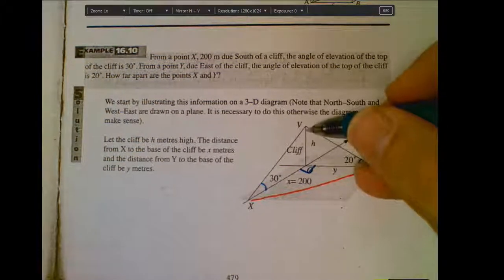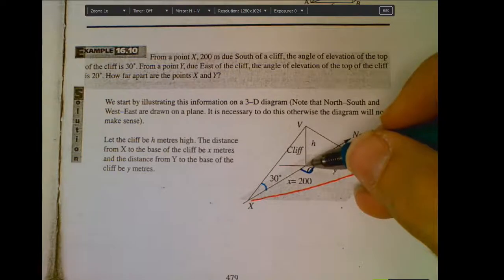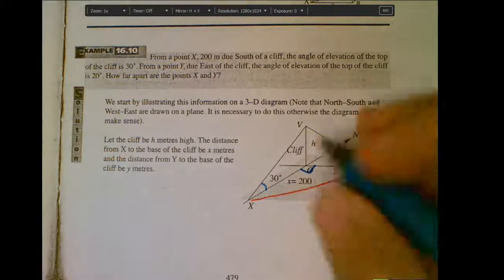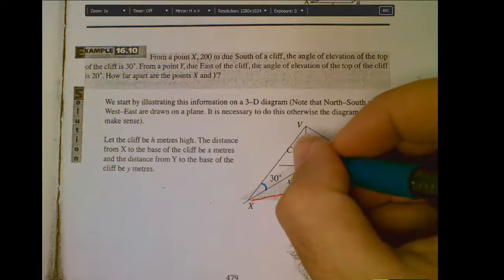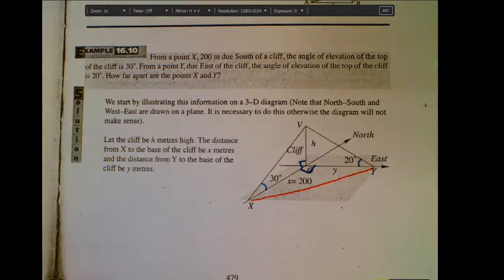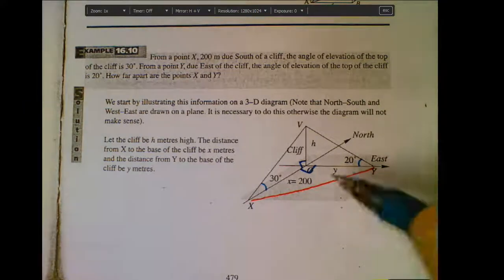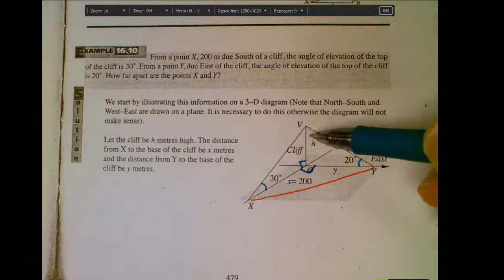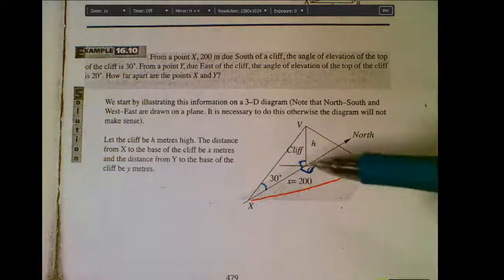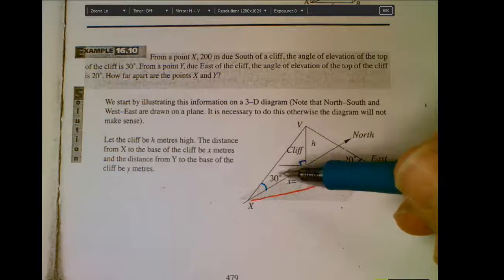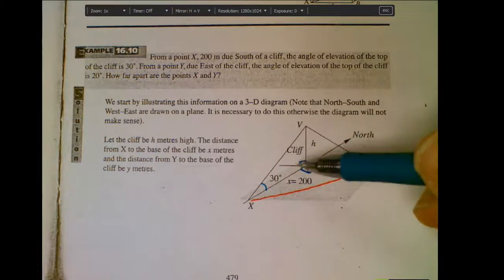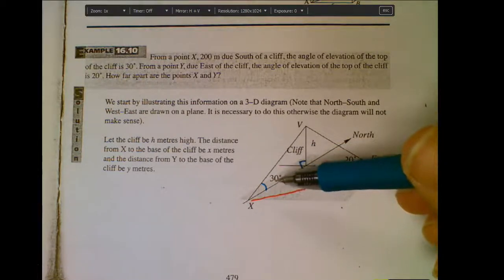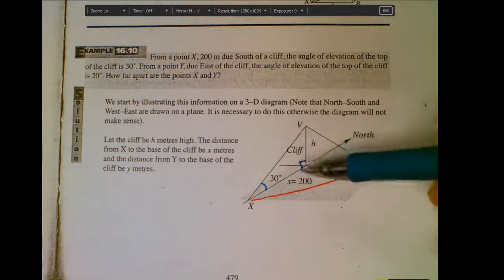One thing we see right here is I got a vertical line, right? So if that's a vertical line and this is the ground, then those would naturally form a right angle also. So I got another right angle right there. Looking at this, I know this is 200, I know this is 30. We could come up with this value either using tangent of 30 equals opposite over adjacent legs, or if I recognize that's a 30-degree angle, that means I have a 30, 60, 90.